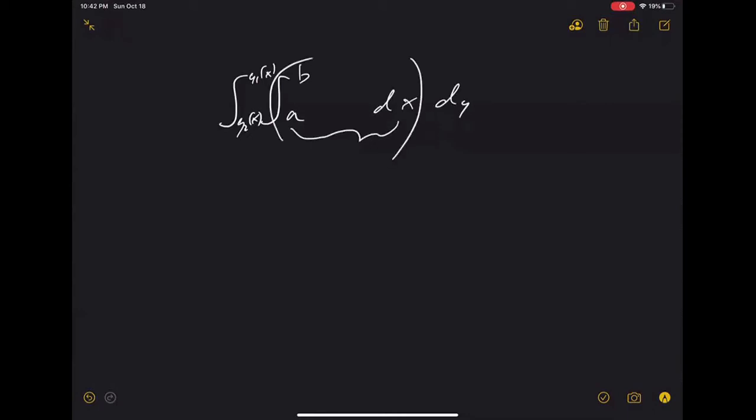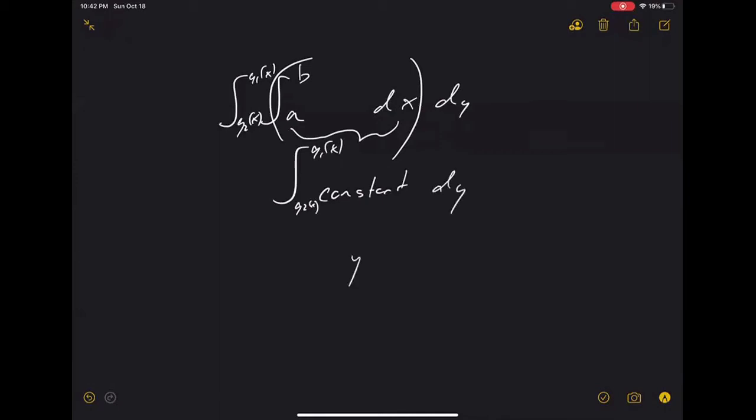This is just a usual definite integral. Then I'd be integrating a constant in terms of y.